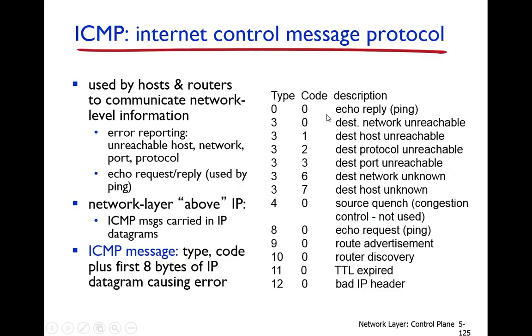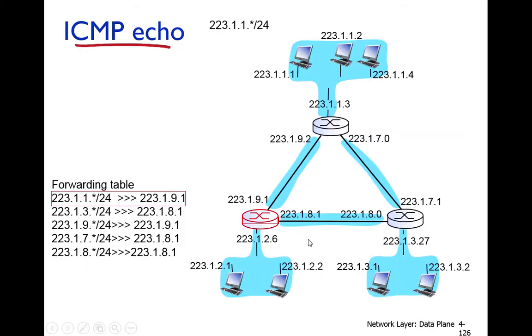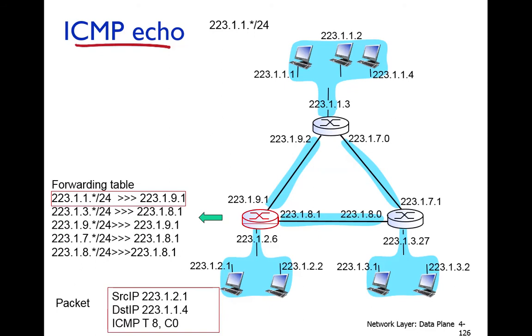As you can see, the echo request message, which is normally called a ping message, has type 8 and code 0. So we generated this message. When this message is received by the router, the router will search the forwarding table to see whether the route is available.